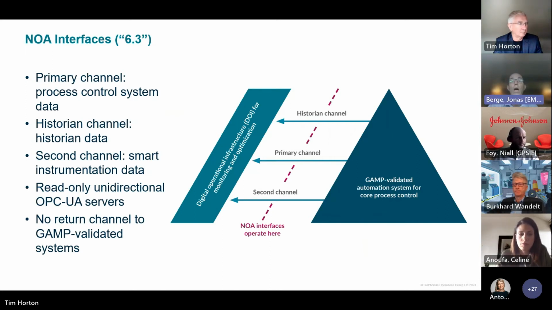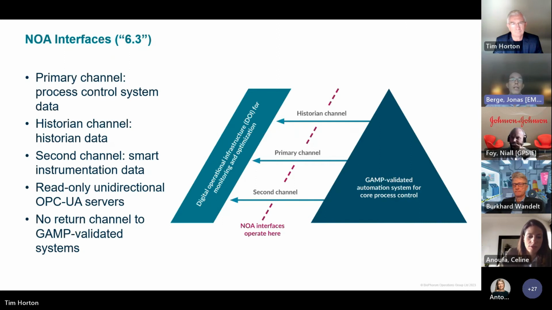There are 3 NOA interfaces from the GAMP-validated CPC zone to the M&O zone. The primary channel carries data from the control system. Since the control system is GAMP-validated, it does not accept data in the reverse direction from the non-GAMP-validated systems in the M&O zone.